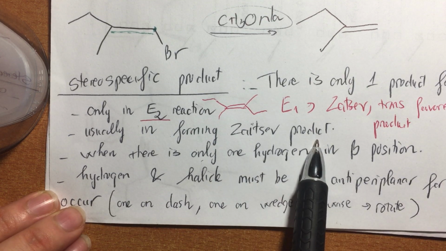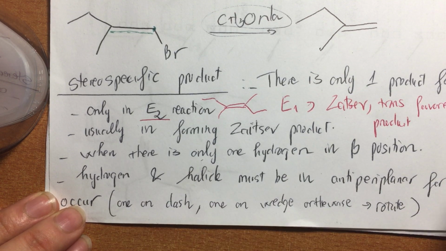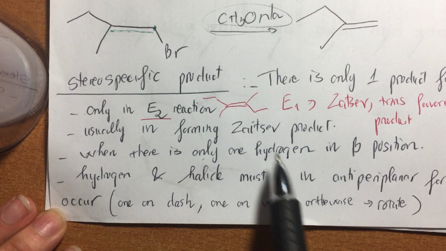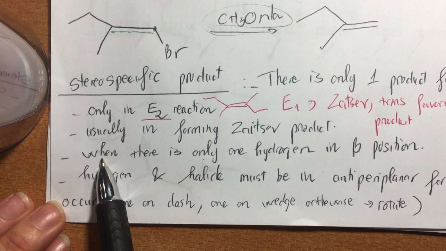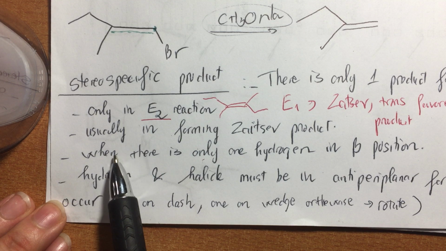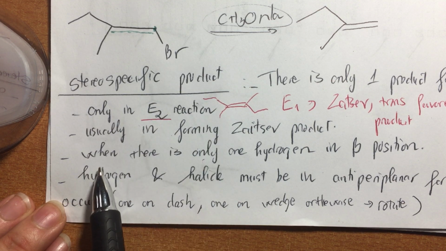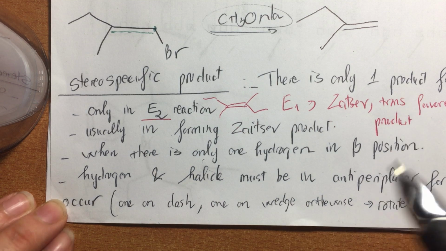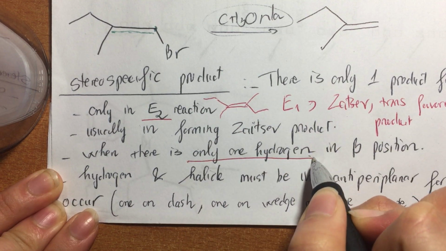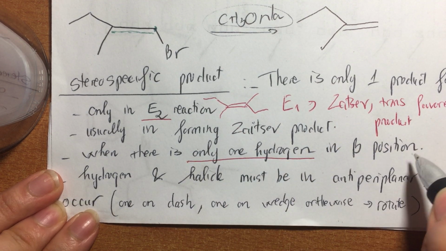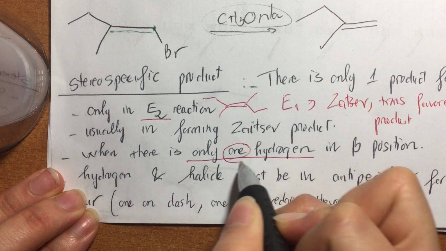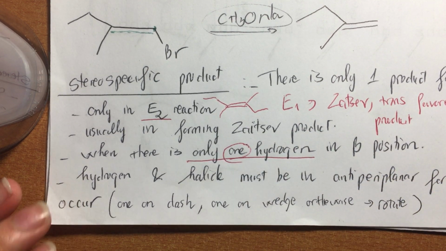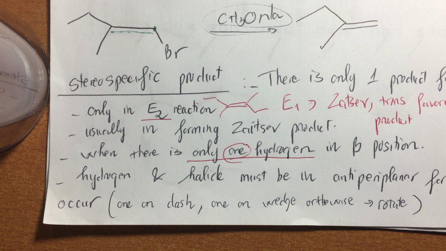This point is not really important, but I want to leave it here so you have a little bit more idea. Also, a stereospecific product only forms when there is only one hydrogen in the beta position. If you notice two hydrogens on the beta position, it never forms a stereospecific product.